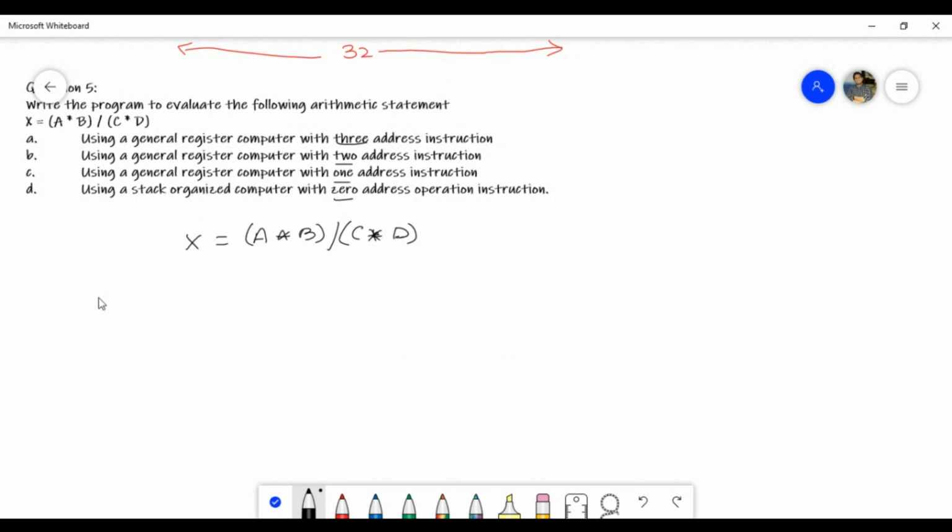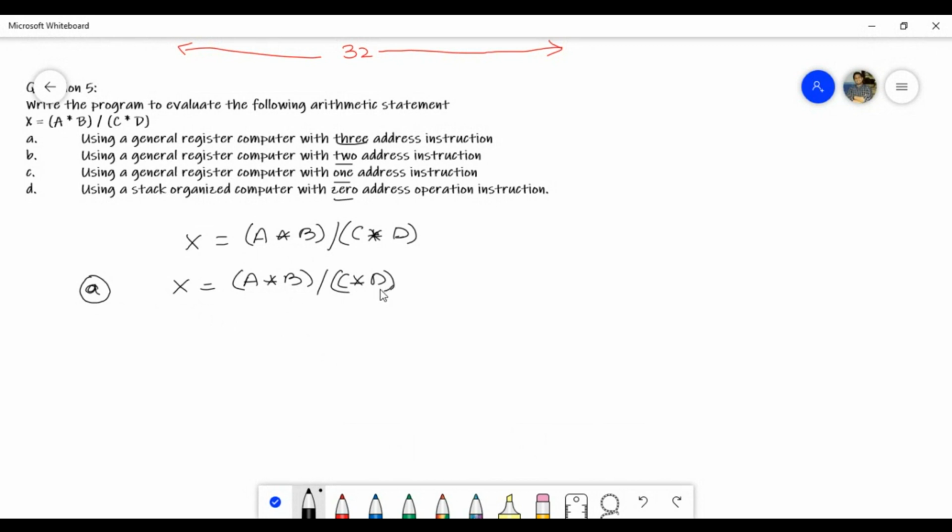Okay, so first we start writing this program using 3 address. The 3 address format clearly says that you can use 3 registers here. So x equals a cross b by c cross d.